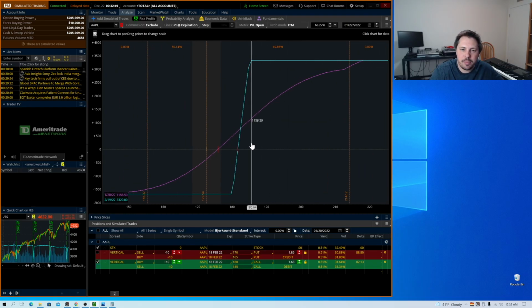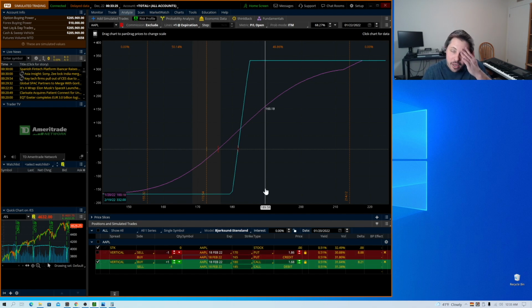It's important to understand that we can have the same result, the same bias, our assumption that Apple's going to go up, and we can use the call debit spread, the put credit spread, butterflies, the calendar spread, buying the calls, or selling the puts naked. It's important though to understand how we get these P&L graphs the way they look, and what exactly it is that we're doing.